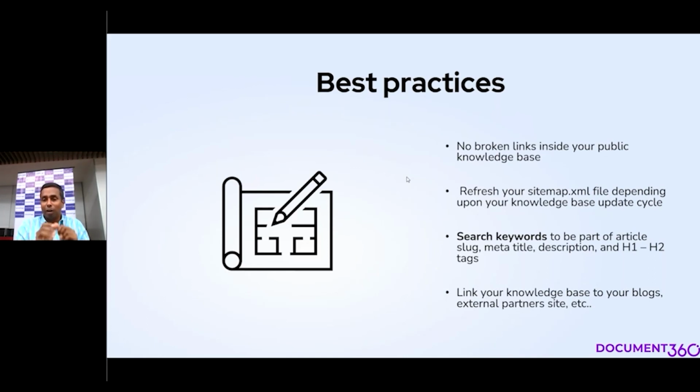Again, the search keyword must be part of your article title, description, meta title, and also present in H1 and H2 tags. And more importantly, link your knowledge base in internal blogs, and more importantly, on external partner sites. The more external links to your knowledge base, the more ranking it gets, because it gets more traffic from the other side as well, and you're increasing the visibility of your knowledge base.